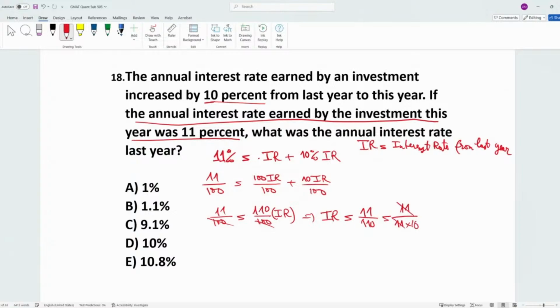This will simplify and give us 1 over 10. And if we want to find this in terms of percentages, we make sure that in the denominator here we have 100. In order to have it, we simply say 10 times 1 over 10 times 10. Okay, this will give 10 over 100, which is 10%. So the answer is D.